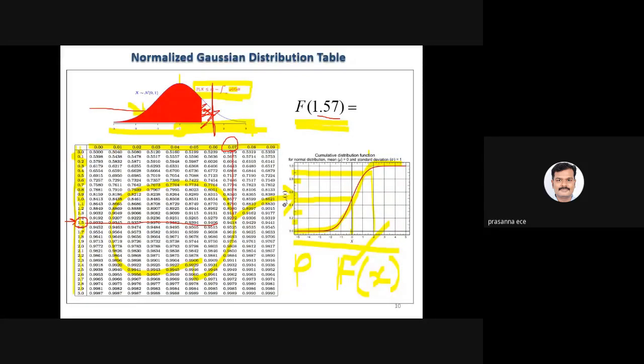If you come along these two points, this is the value that you get here. The value is 0.9418. So F of 1.57 is read from the table as 1.5 along the leftmost column and 0.07 on the top row. The number that corresponds to F of 1.57 is 0.9418, so this is equal to 0.9418.